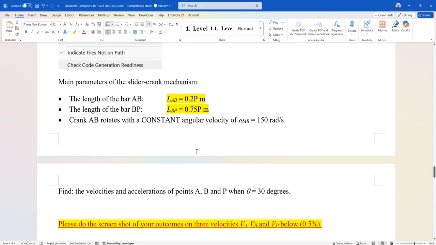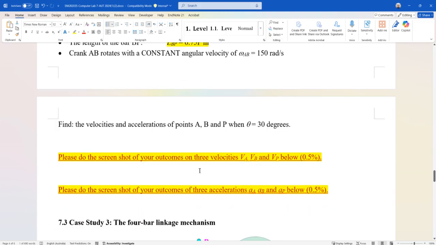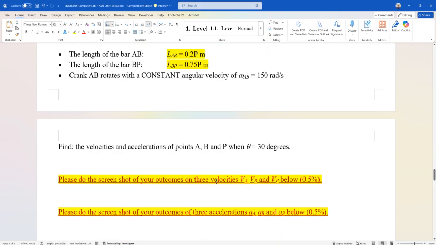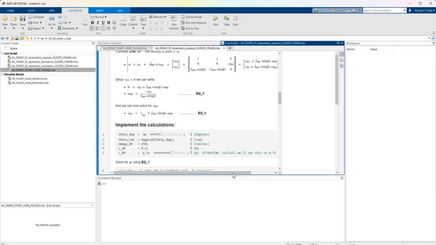So the LAB is going to be 0.2 for you, and it's going to be 0.75 for the length of the BP. Omega is 150 and it's going to be constant. Theta is 30, so most of the parameters will remain the same. Everything is going to remain the same, okay, for you it's going to be changed, sort of.